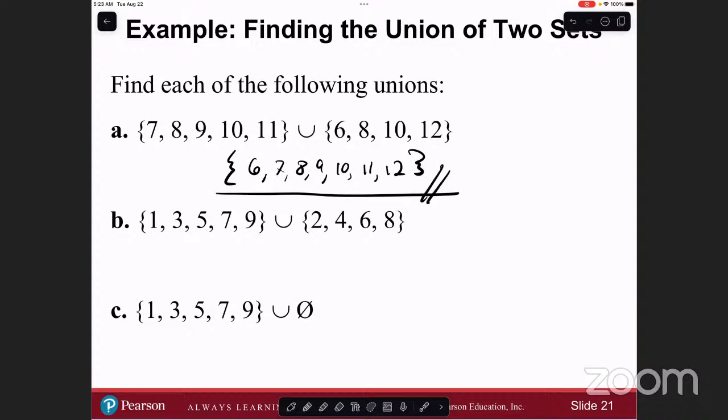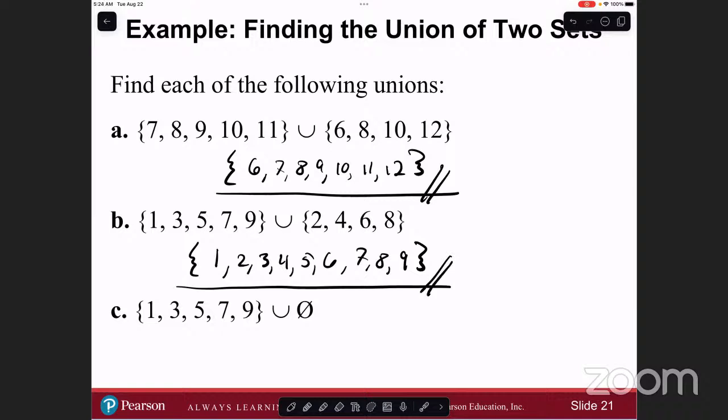Okay. 1, 2, so it's basically what, 1 through 9? 1, 2, 3, 4, 5, 6, 7, 8, and 9. We're just putting these two sets together. A set union the empty set is just going to be itself. 1, 3, 5, 7, and 9.